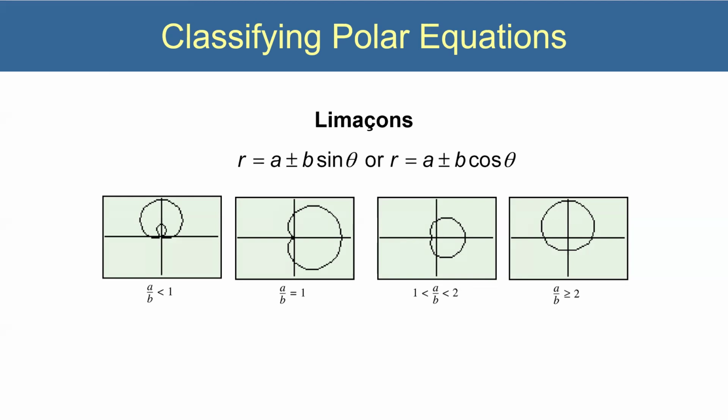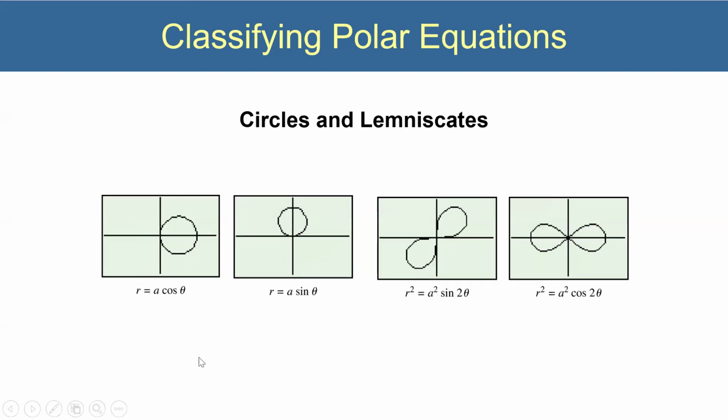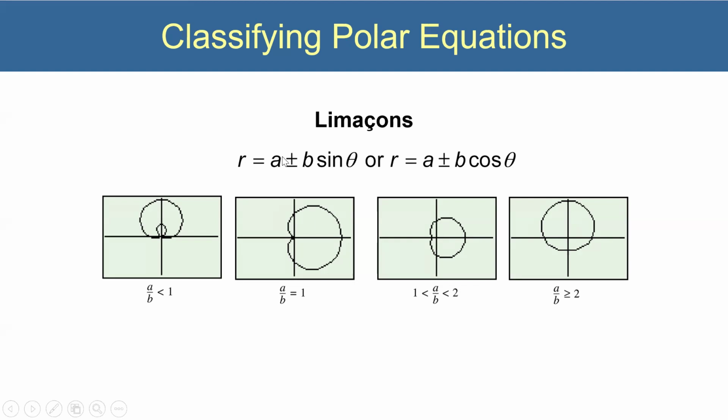But either way, this is when you're adding or subtracting to the circle. So circles are just going to be a cosine theta or a sine theta, right? Once you add or subtract a second term onto it, that's what changes the shape of your circle.